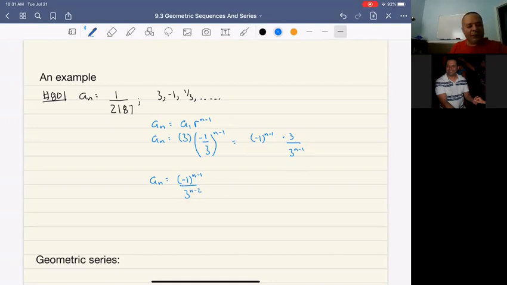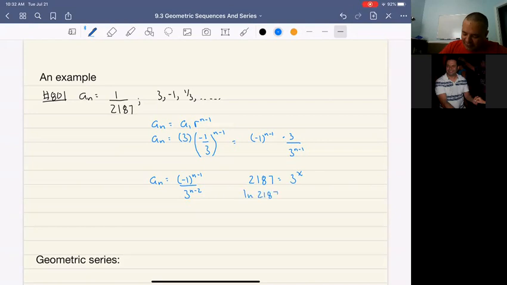Okay, now we have to solve this. So 2,187 equals 3 to some power. Let's see if we could solve that. Well, we could always know that 2,187 is a specific power of 3, but I'm not good at that. So I'll go back to logarithms. Remember that?